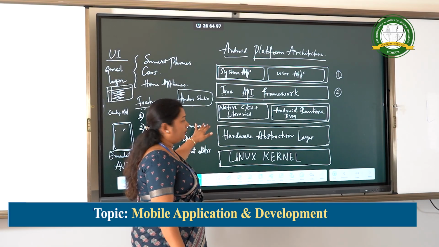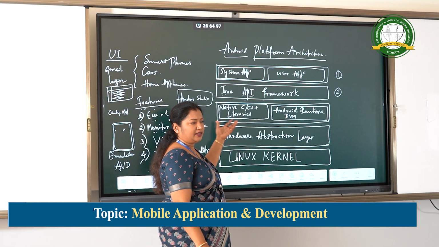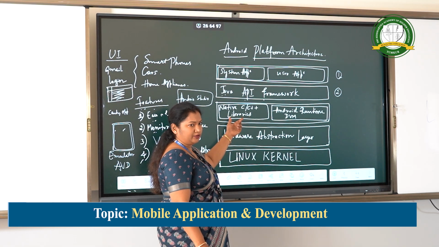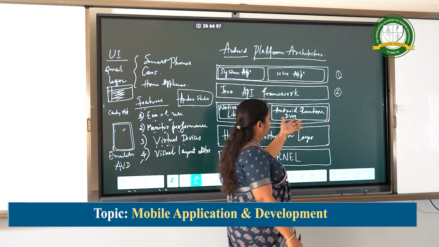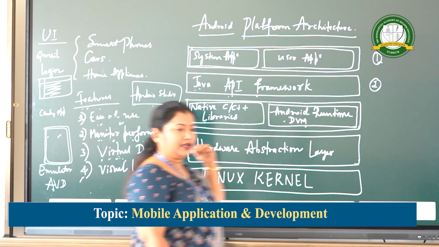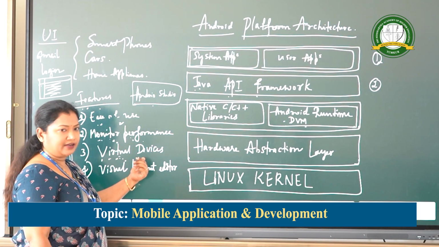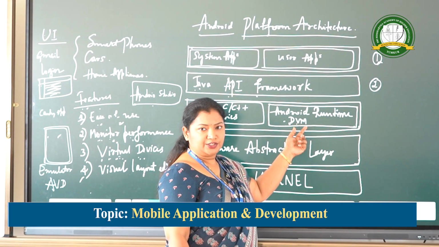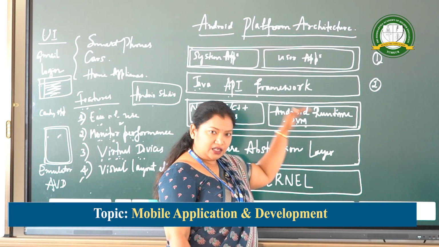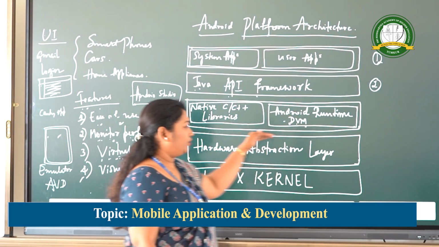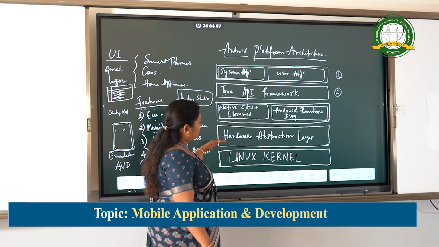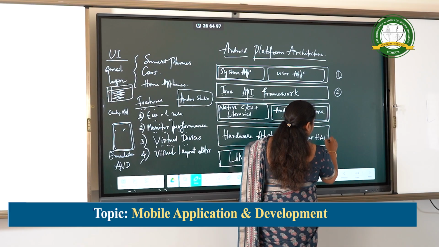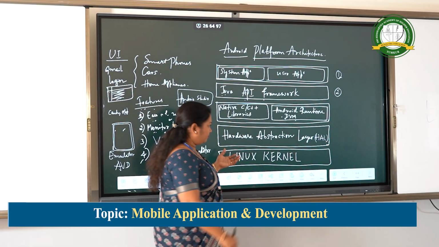Third layer is the most important layer where we get the backup support through native C or C++ libraries, the supporting libraries. Along with that, as I just mentioned about virtual devices, we have a special machine called Dalvik virtual machine where we are going to run our app. It is going to fully support our app. The fourth layer is hardware abstraction layer, shortly we call it HAL.